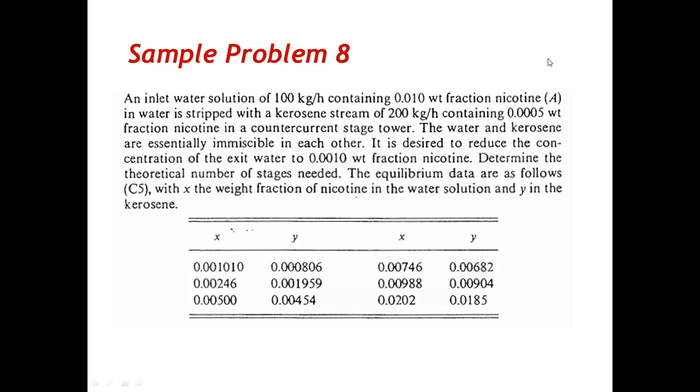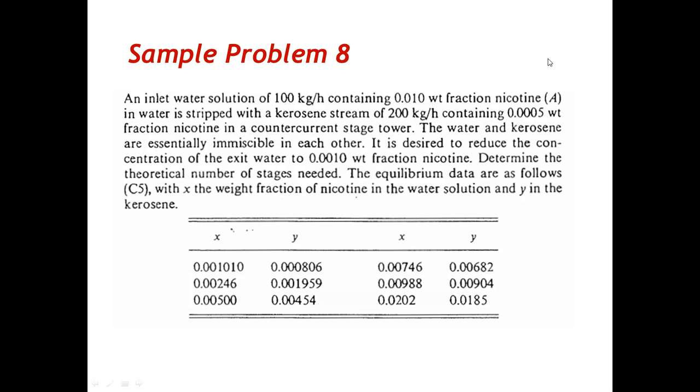So in this case, your water solution, composed of nicotine and water, will be your feed, and your solvent will be your kerosene containing a little of nicotine. Though again the word that is being used is strip, the stripping process here is comparable to liquid-liquid extraction.